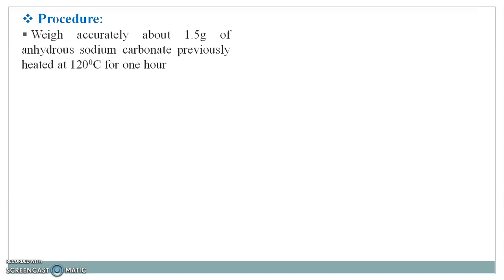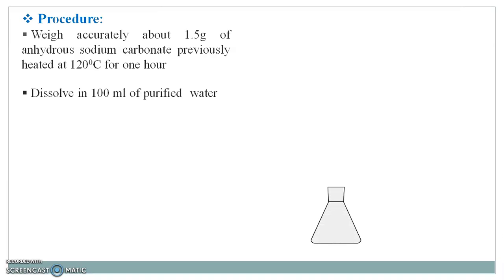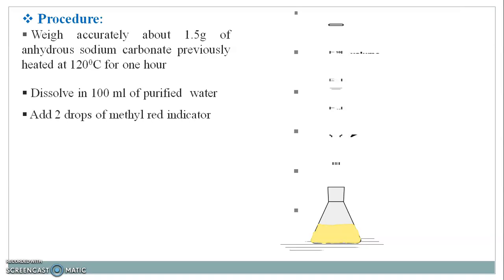Weigh accurately about 1.5 gram of anhydrous sodium carbonate which is previously heated at 120 degrees centigrade for 1 hour to remove the moisture, if any is present. Then dissolve in 100 ml of purified water. Then add 2 drops of methyl red indicator.